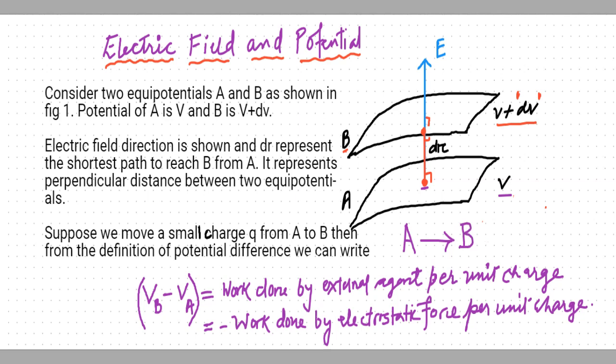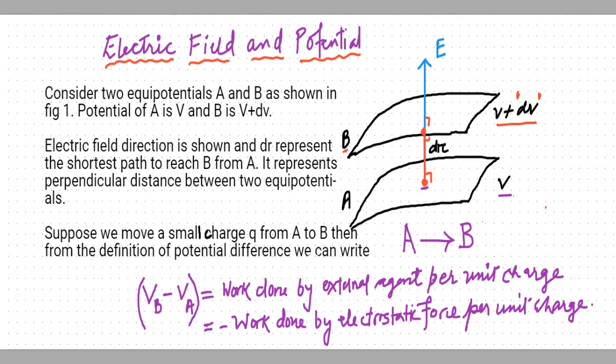Hence VB minus VA is the work done by the external agent per unit charge to move from A to B.